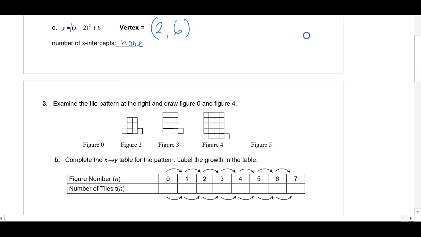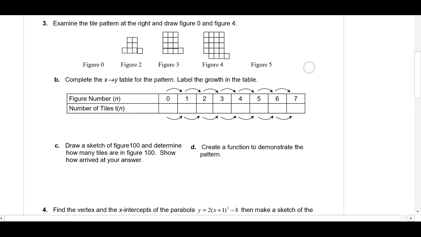Okay, next page. Now this one, what we have to do is figure out the missing figures. Okay, so this is figure 1, 2, 3, 4, 5. In this case, we're also going to need to figure out figure 0. Okay, so I know, looking at all these, that the part that is the same is this bottom portion, these 4 blocks.